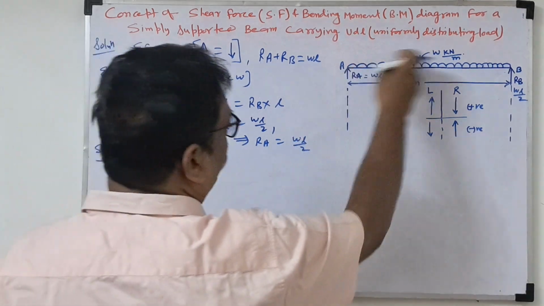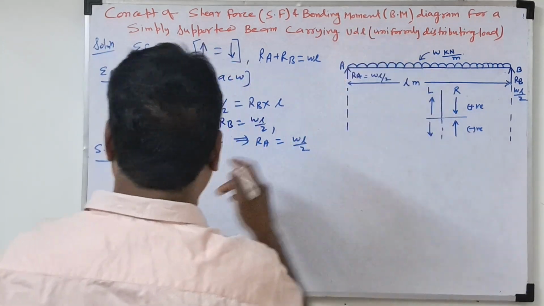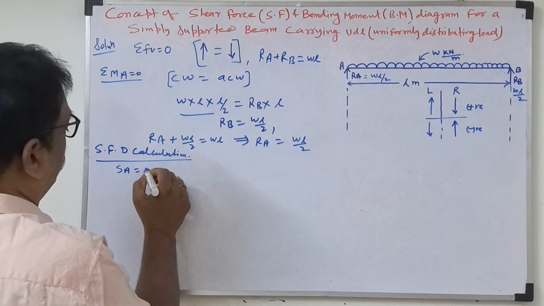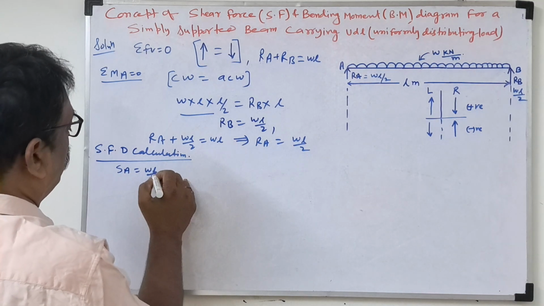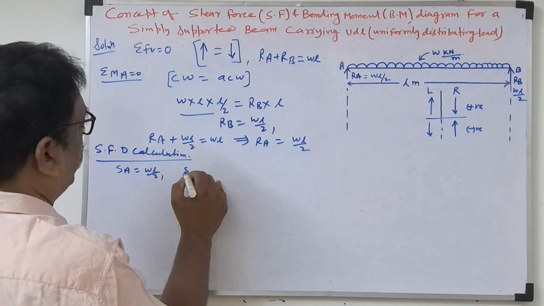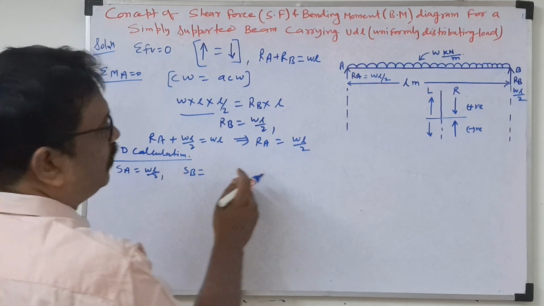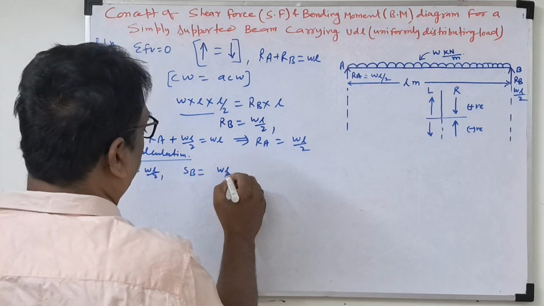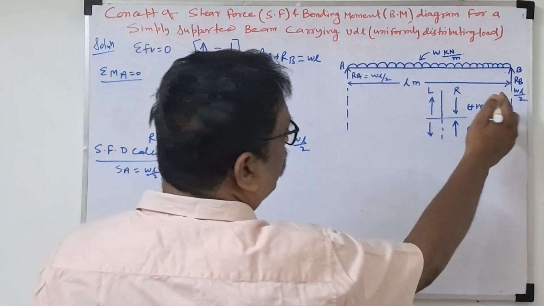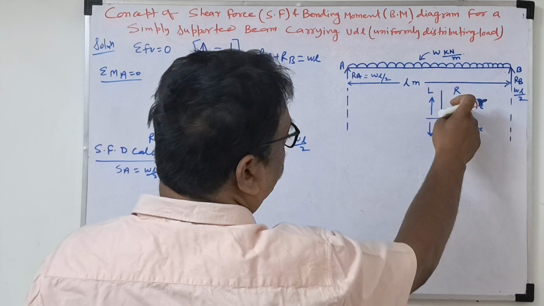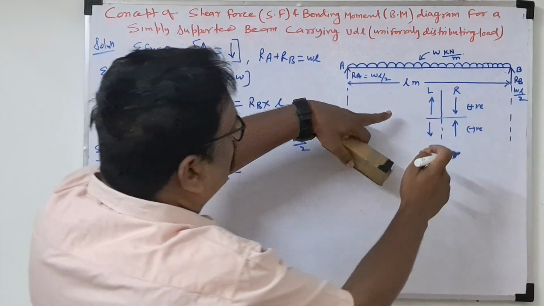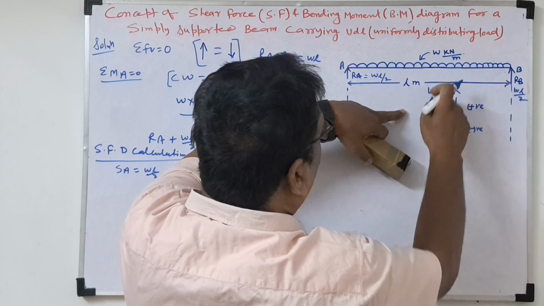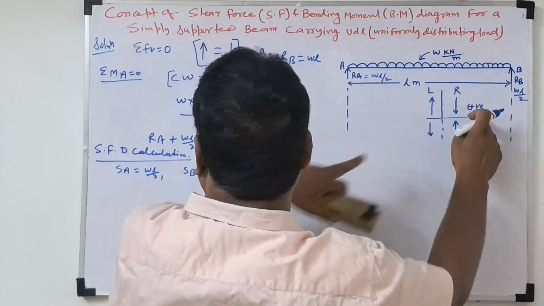So I am taking from the left side, upward force SA positive. What is SA? Positive WL by 2. Then what will SB be? SA will be WL by 2, minus, because on the left side upward force is positive.